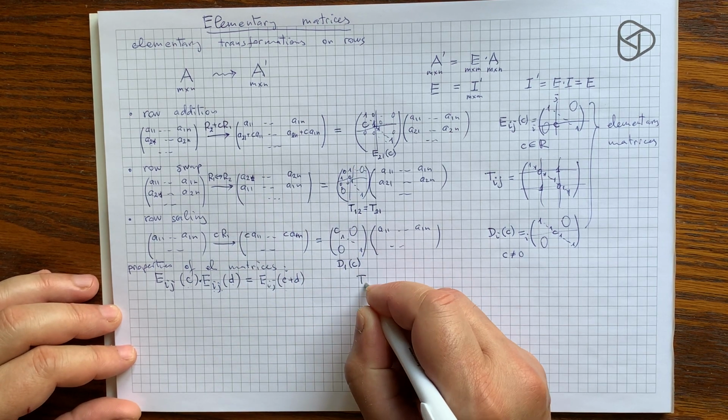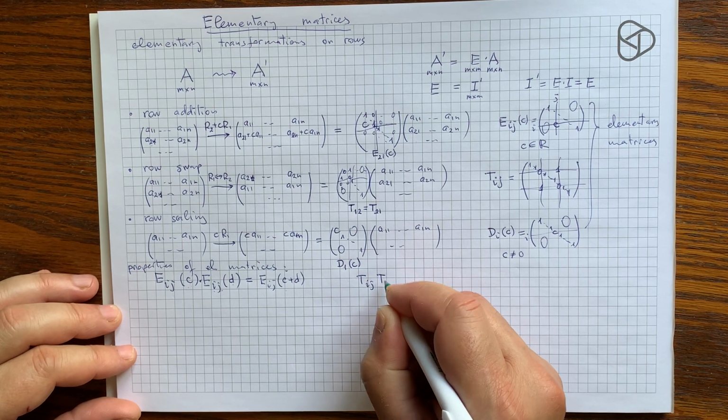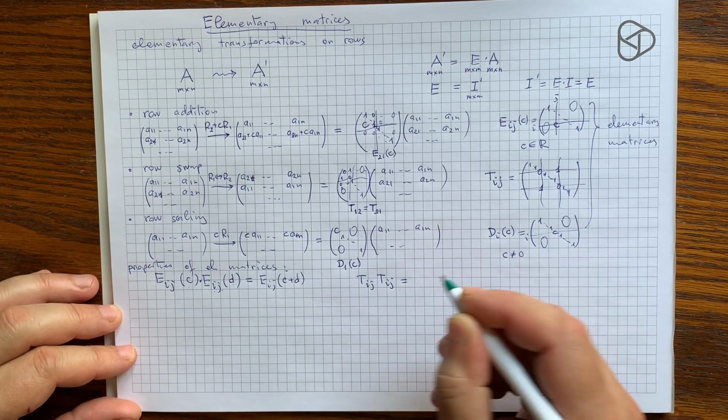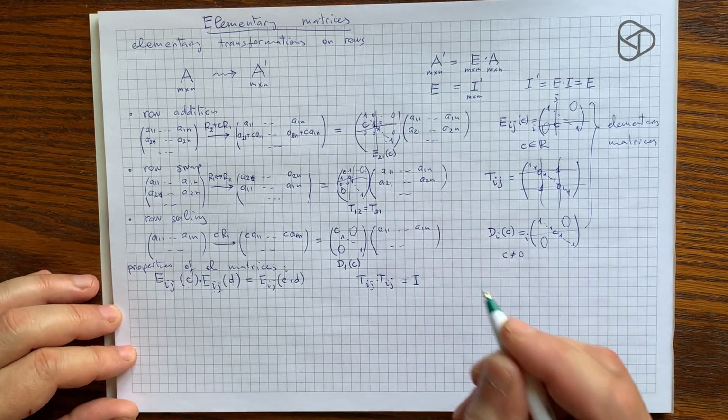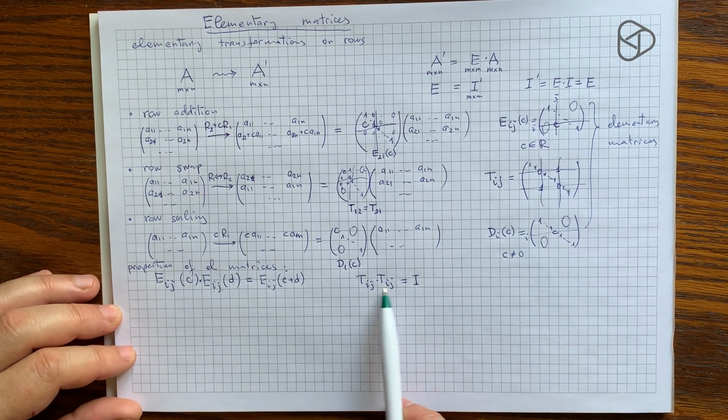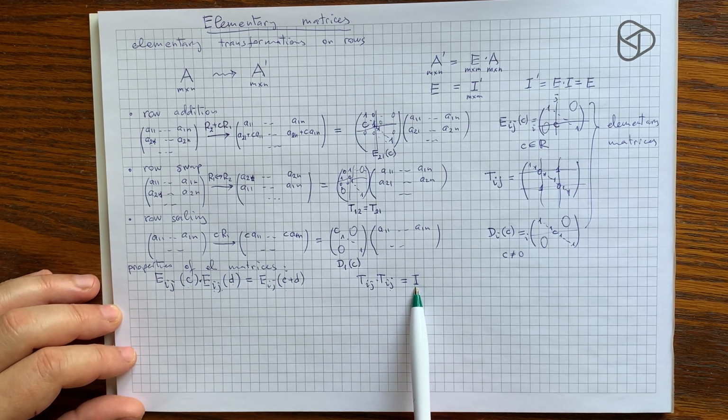The same way for the swap, if we swap twice, it is as if we didn't do anything, so that will have to be in the matrix form as follows: the product of the matrix of a swap with itself will be the do-nothing identity matrix.